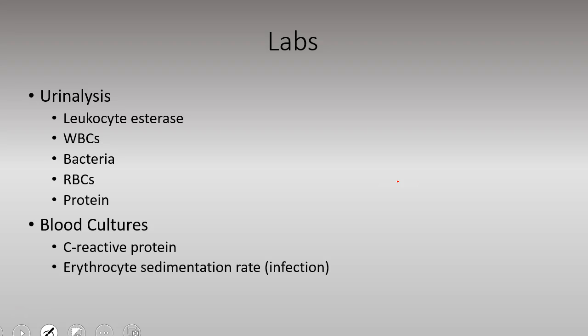So for the labs, you can do a urinalysis, which will show leukocyte esterase, white blood cells, bacteria, red blood cells, and proteins. Blood cultures will also show a C-reactive protein and an erythrocyte sedimentation rate.